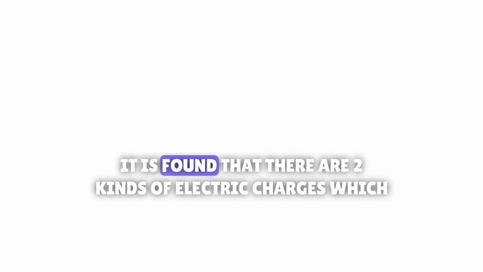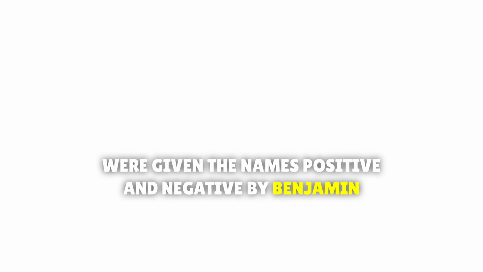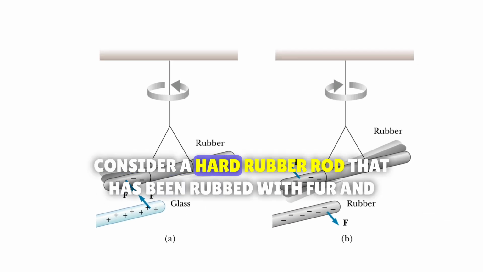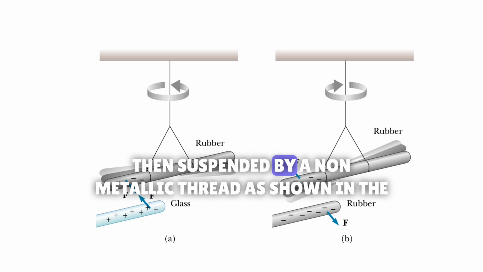In a series of simple experiments, it is found that there are two kinds of electric charges, which were given the names positive and negative by Benjamin Franklin. To verify that this is true, consider a hard rubber rod that has been rubbed with fur and then suspended by a non-metallic thread as shown in the figure.